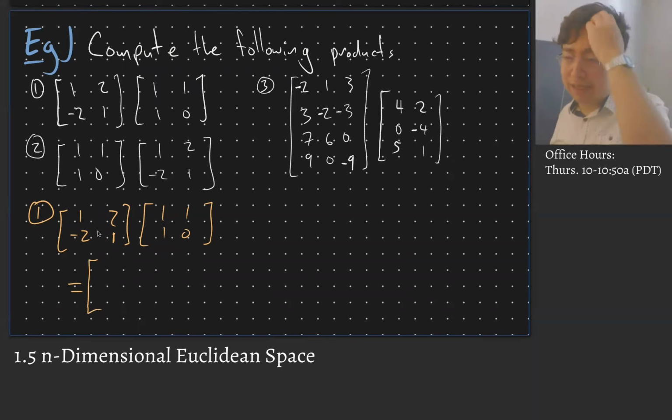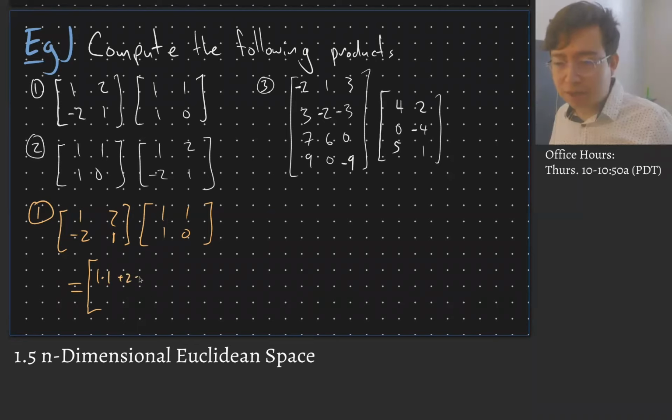The way I'm going to multiply these is, if I want to get this first entry, the top left, that's first row, first column. So I take the first row of this matrix and multiply it by the first column of this matrix. So I'm taking this 1, 2 and multiplying it by 1, 1 as a dot product. So 1 times 1 plus 2 times 1.